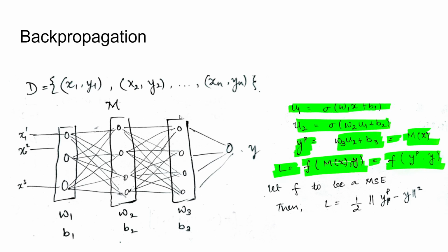Again, this u2 will be passed as an input to the third layer, and the output will be w3u2 plus b3, which is equal to the output of the model for x, and it can also be represented as the predicted value of x.